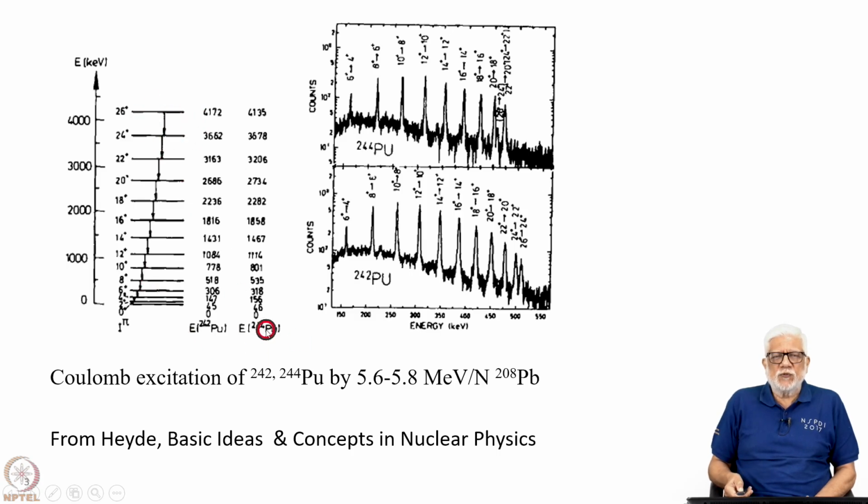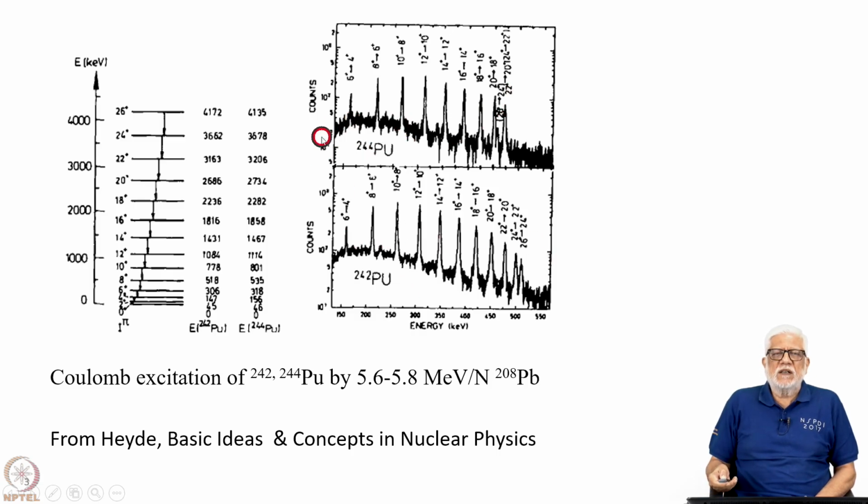And this is so for both of these nuclei, both of which are deformed, and you can see the spectrum. In 244, the spectrum extends up to about 24 or so, whereas here it extends up to about 26 or so.